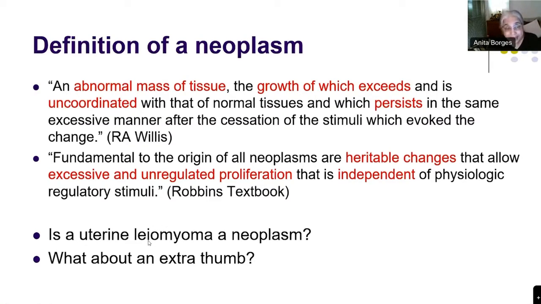Now that is not reflected in this definition, and that is something we should think about. People talk about excessive growth that goes on in an unregulated way and is independent of physiologic regulatory stimuli, but we do not really think about something very important, and that is tissue organization. This is lost in all neoplasia, however benign that neoplasm is.